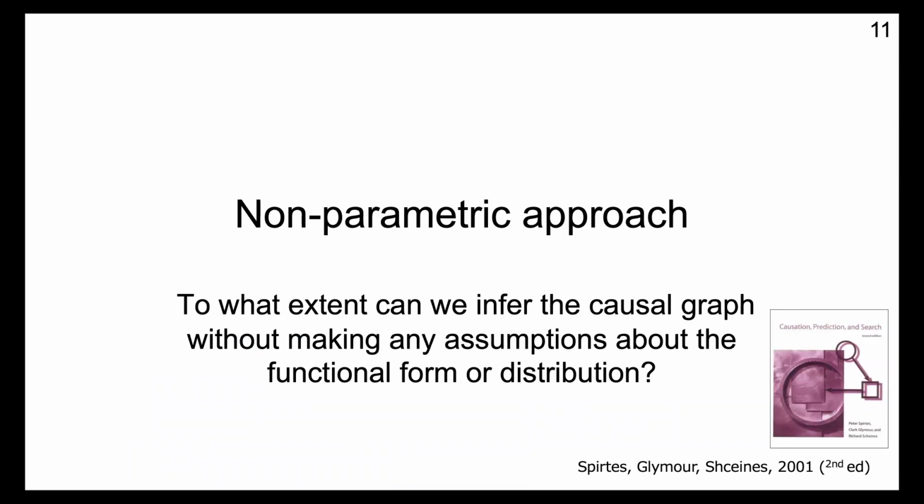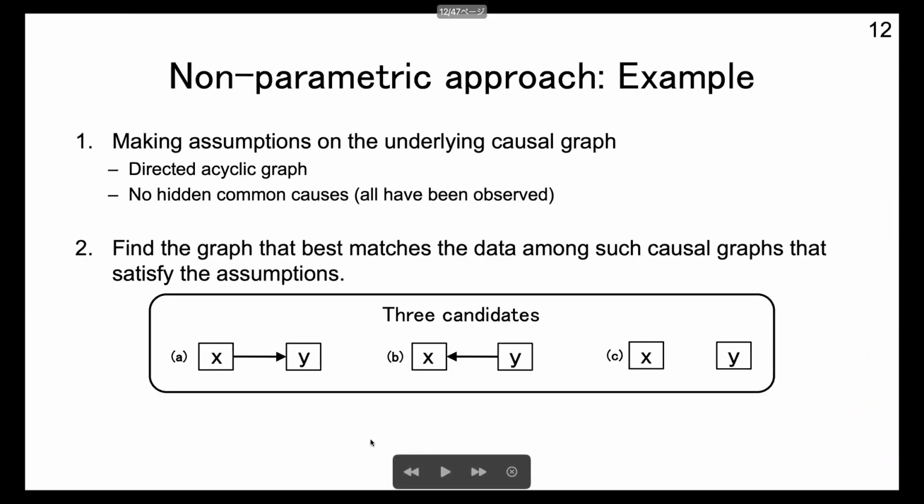In this approach, we want to investigate to what extent we can infer the underlying causal graph without making any assumptions about the functional form or distribution. So to illustrate the idea of the non-parametric approach, we take an example of two variables.